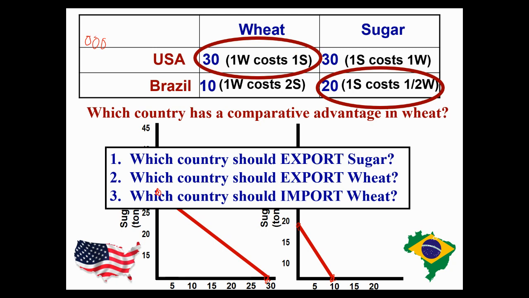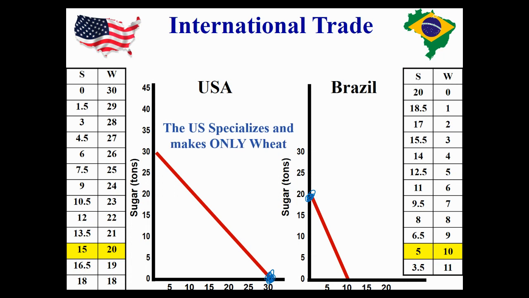So they want something more than one sugar in return. And if it costs more than two for Brazil, they're losing out because they don't want it to cost more for them. So we should trade something in between these two. Or if we're going to say one sugar for something, we would want to trade something in between this. So that's kind of how we work on it. And we'll go over some samples and we'll practice it.